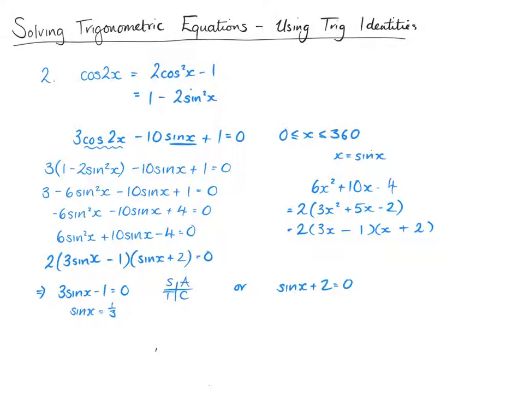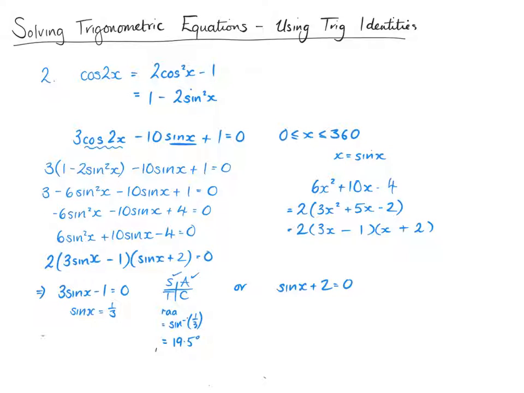ASTC. So sine is positive in the first two quadrants, and our relative acute angle is going to be the inverse sine of 1/3, which is 19.5 degrees.